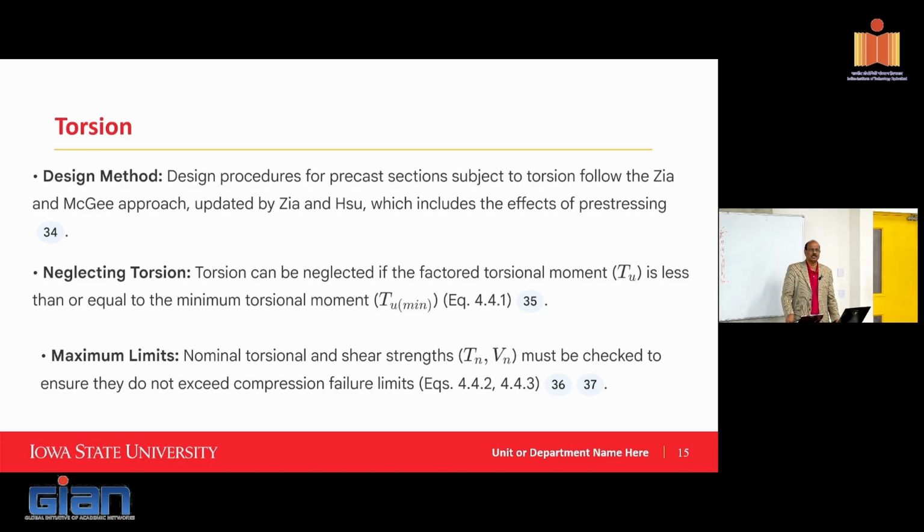If it becomes a concern, then you should look at how much reinforcement you need to put in. Or if you're exceeding the maximum limit, that tells you the torsional rigidity of the inverted T you chose was actually inadequate. So you have to change the section, or you have to change the erection sequence so that you don't run into this problem. These are the problems precasters typically deal with, outside of what we learned in the prestressed concrete class.